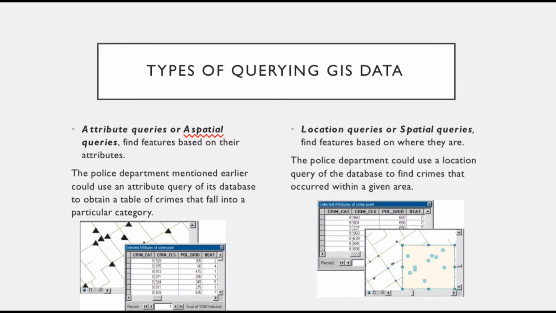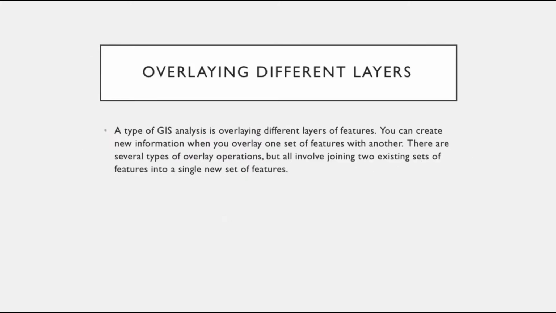These crimes could be studied together to determine if any of them are related. The police department could also do more complex spatial queries using polygon features, such as census tracts selected from another layer. One of the most useful features of a GIS is that you can see the results of both attribute and spatial queries on the map.